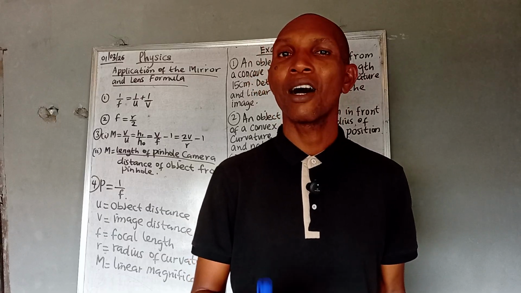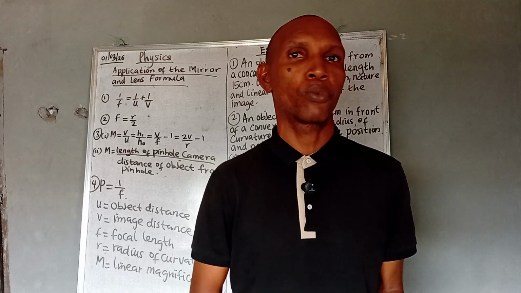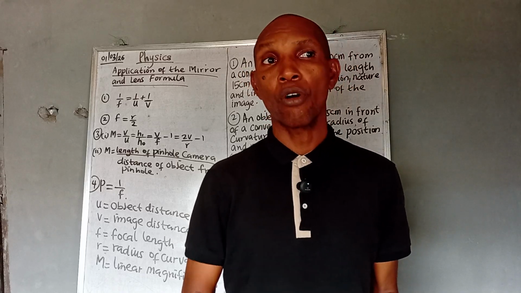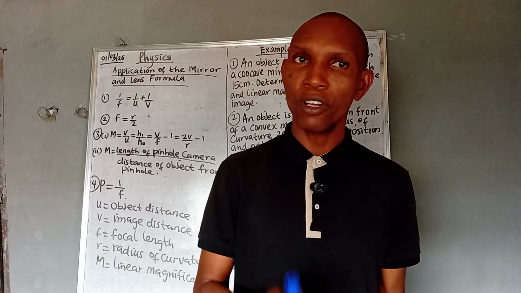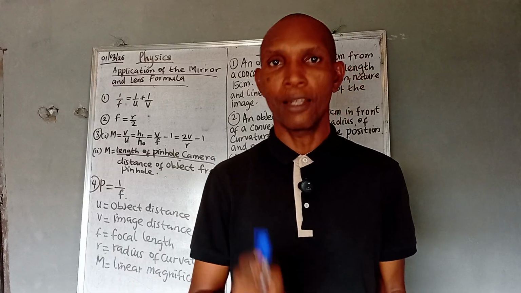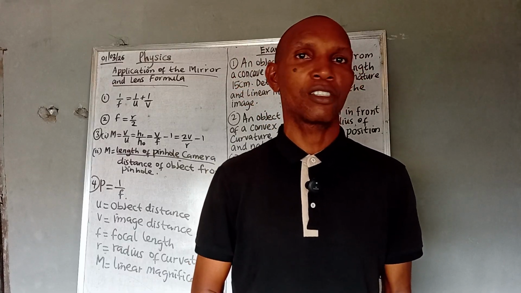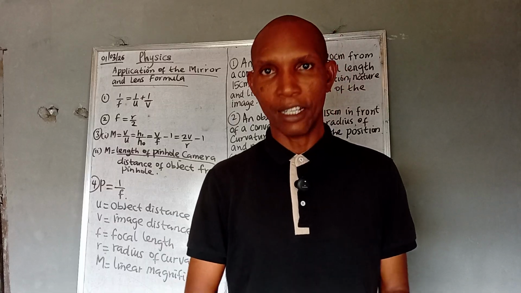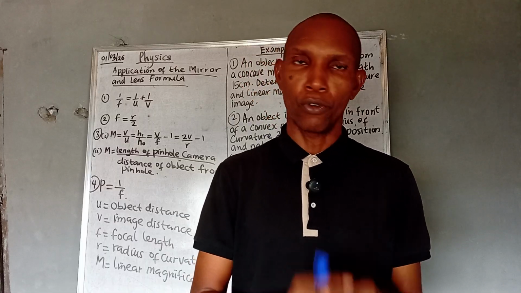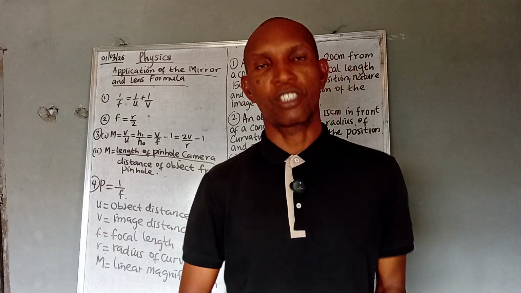What do I mean? They have similar physical properties. Don't forget, convex mirror and concave diverging lens, their focal length and image distance are always negative.